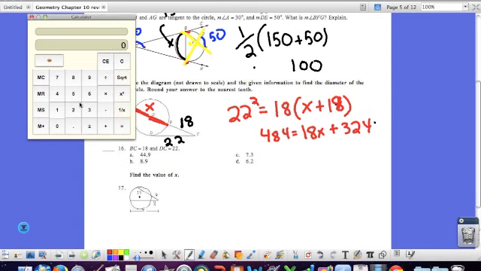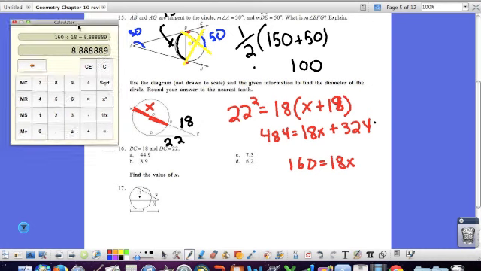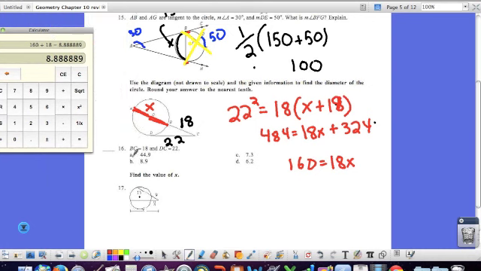Subtract 324 from both sides. 484 minus 324 is 160 equals 18x. And 160 divided by 18 is 8.888888, which rounds to 8.9. That's the answer for B.